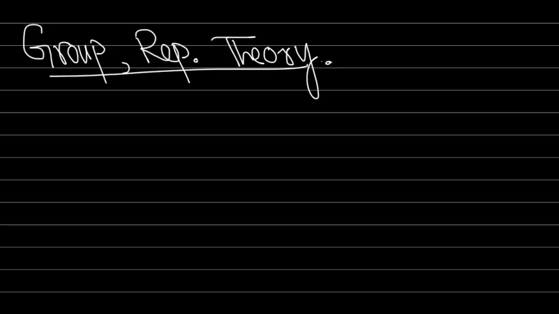Because the idea of groups is very important, and using all of this representation theory, we are going to see where that metric tensor appears, right? How does that metric tensor even come into the game? We are going to see that using the representation theory. Okay, so now let's start with a group.